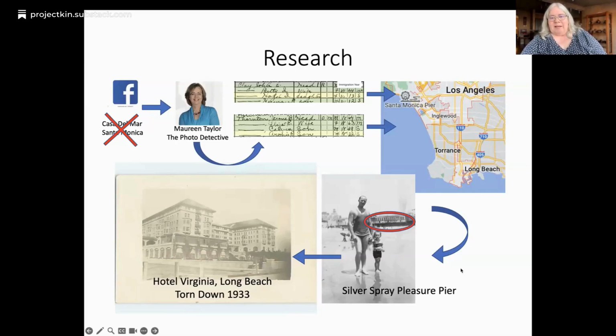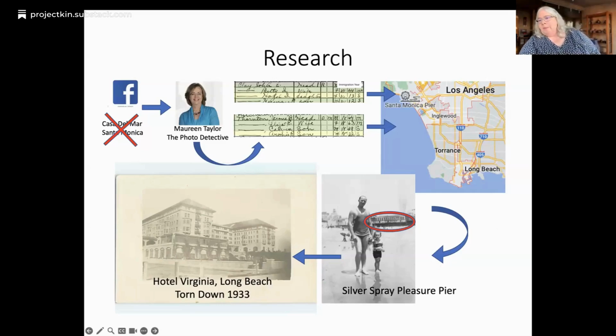But in the process of doing the research on Silver Spray Pleasure Pier, I found a depository of old postcards from the era. And on this postcard on the bottom left, I found a picture of the Hotel Virginia in Long Beach, and learned about it and the fact that it was torn down in 1933.